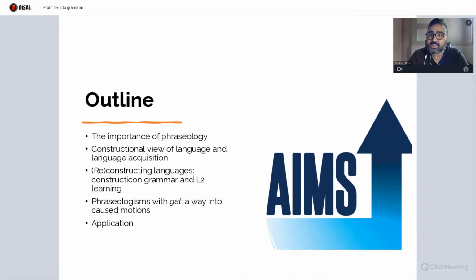It's pretty much the same thing as chunks of language. Everybody knows what chunks of language are and how popularized they have become over the years, and that's basically this. So we're going to discuss the importance of phraseology to general theories of language, but also to second language learning and teaching. Then, to back us up theoretically, we're going to venture a little bit into one specific view of language, that is the constructional view of language and language acquisition. We're going to try to make connections between these two areas of investigation.